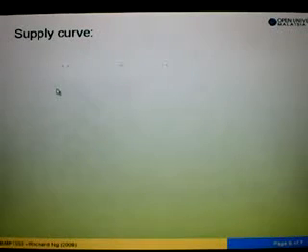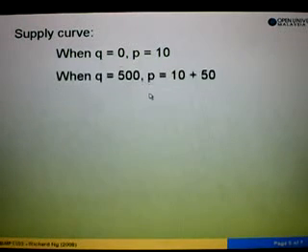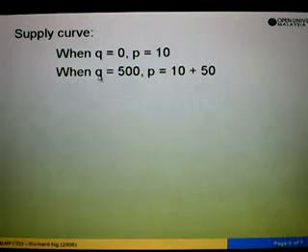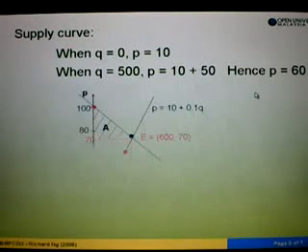Next, we do the same for the supply curve. When Q equals 0, we substitute into the supply curve and we get P equals 10. Then instead of substituting P equals 0, we can substitute Q equals 500, let's say. When we substitute into the supply curve function, we get P equals 10 plus 50, the answer is 60.